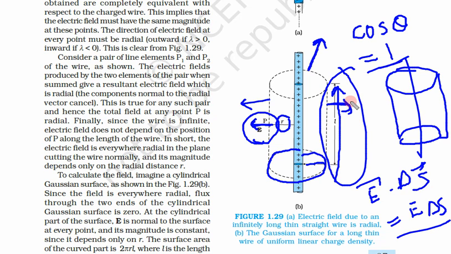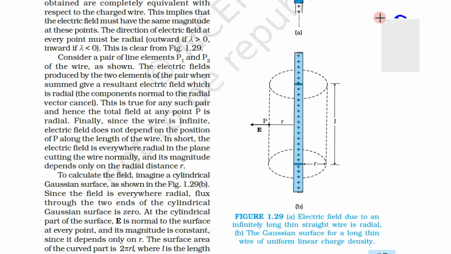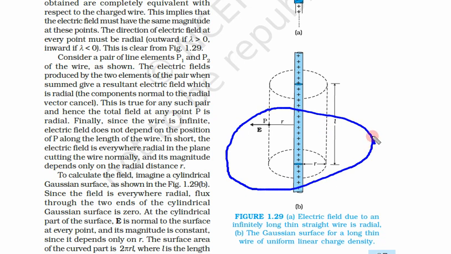So what I tried to say is, if you want to calculate the electric field due to a point P outside this wire, first you rotate it and make a circle. Whether this point P is here or there does not make any difference. Second, if you move P anywhere along the y-axis, that again does not make any difference. So you move it along the y-axis by length L, and ultimately you get a cylinder which has length L and radius r.